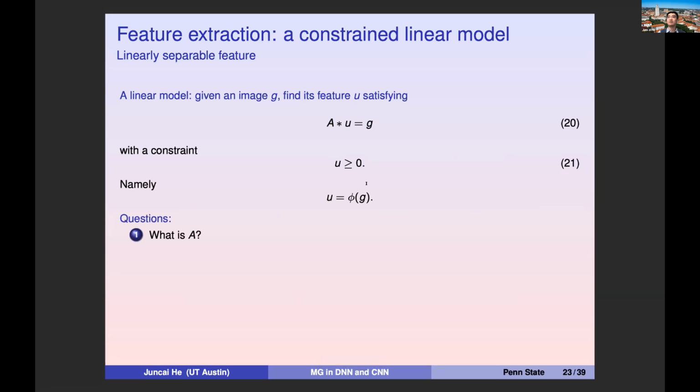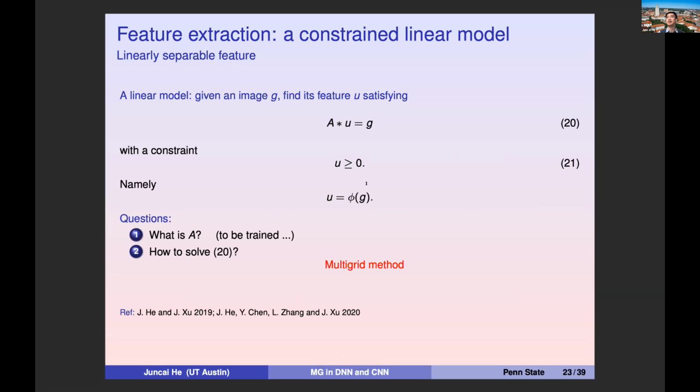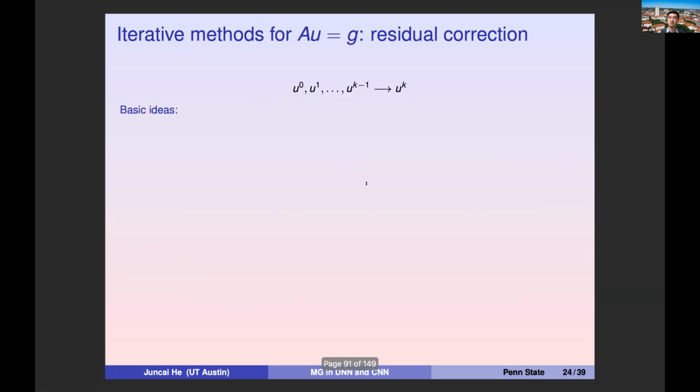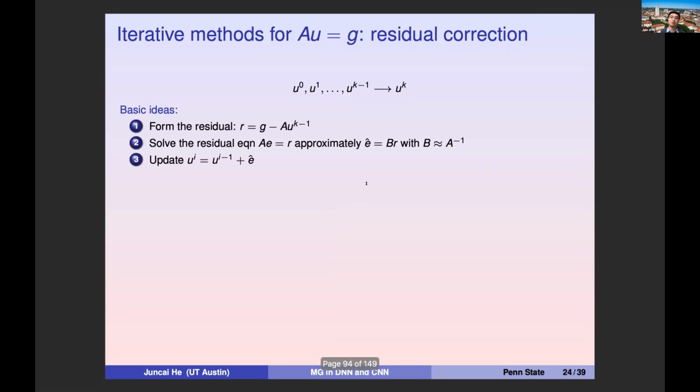But what is this A, and how do you solve this equation? So our idea is to just apply multigrid to this one. Multigrid has two parts, smoothers and also pooling, like restriction and prolongation. So we first think about this smoother, which is a residual correction scheme.